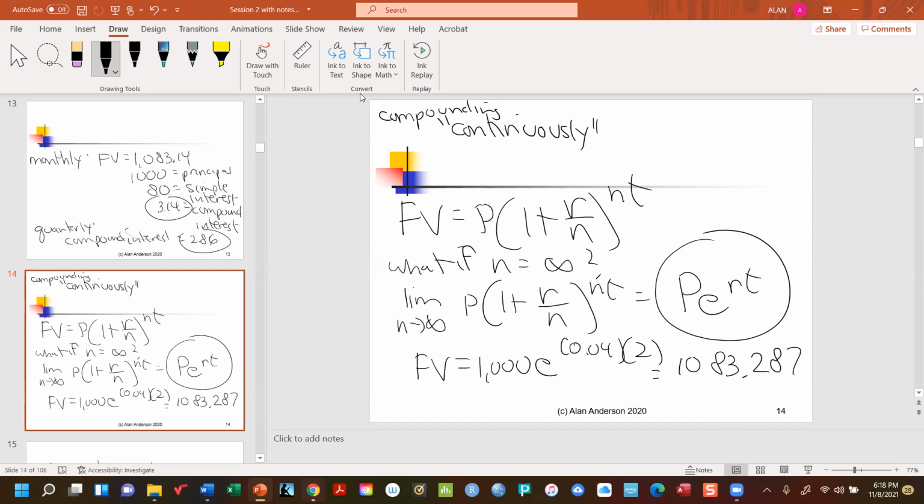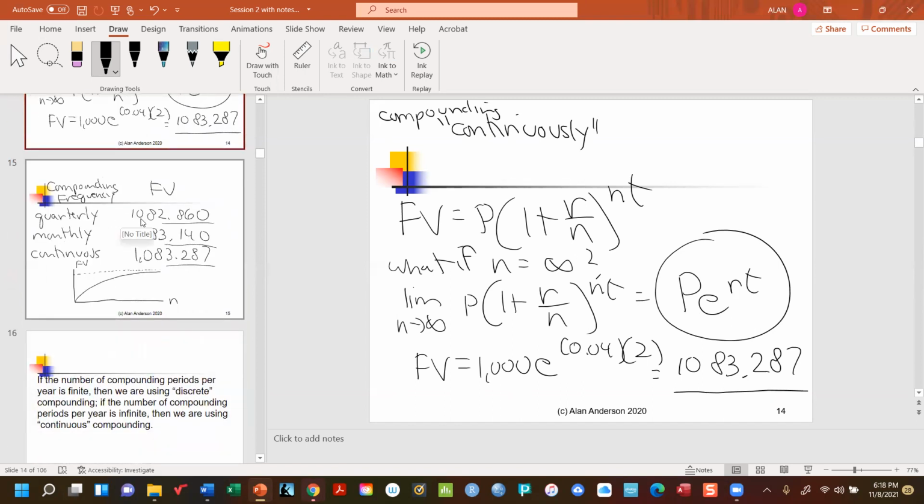So in other words, it's like, imagine that you have an infinite number of interest payments. And so if I plug in the same exact numbers, I end up with 1083.287. It's just a hair under 29 cents. So if you compare this to the other two, you'll see that even with continuous compounding, it didn't go up a whole lot compared to the other assumptions.